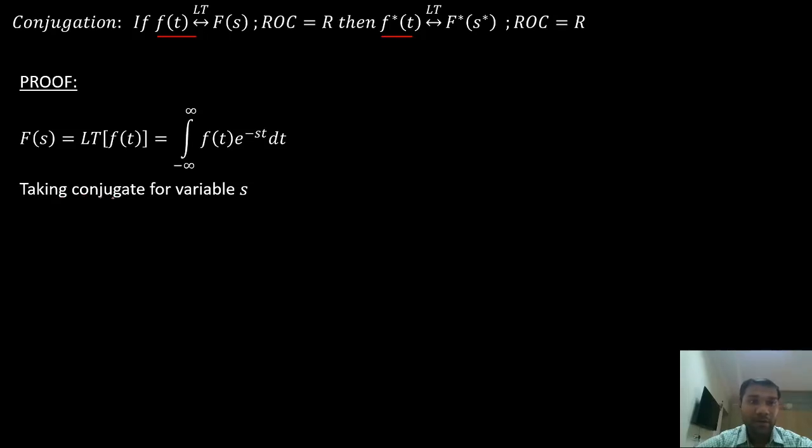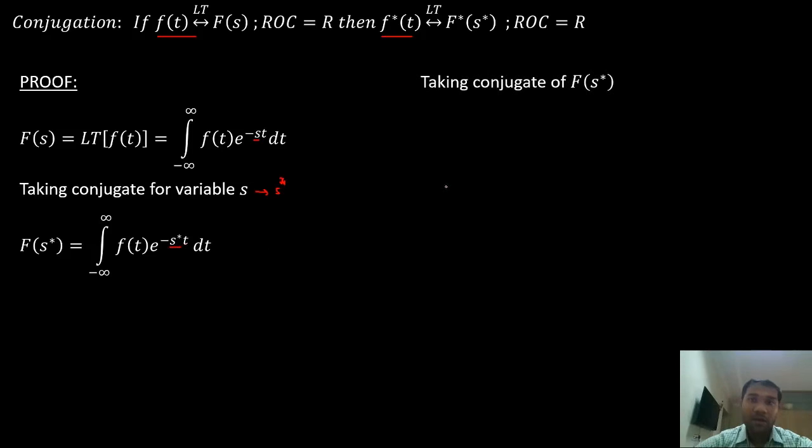I'm going to take a conjugate for the variable s, so in place of s, I am replacing s with s conjugate. So what happens? F of s conjugate is now equals to minus infinite to infinite f of t e power minus s conjugate t dt.